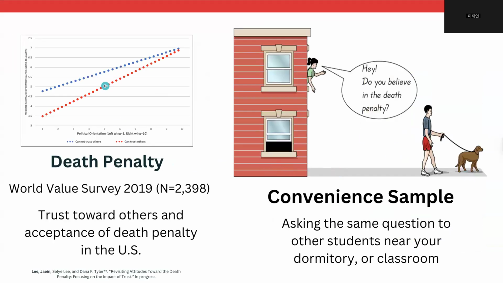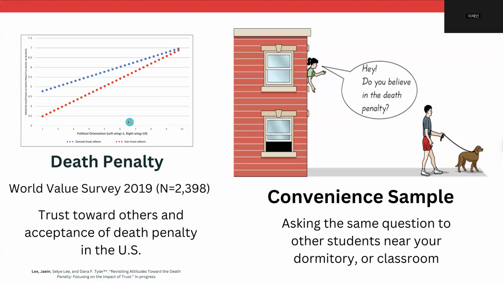For example, one of the research papers I'm working on is about the acceptability of the death penalty in South Korea. We can see that based on their political orientation, if they are more right-wing or more conservative, they are more likely to accept or agree with the death penalty, based on their trust level.